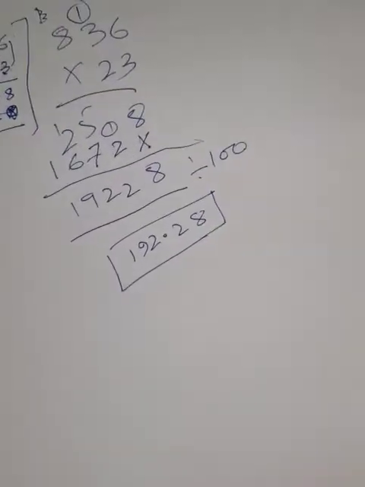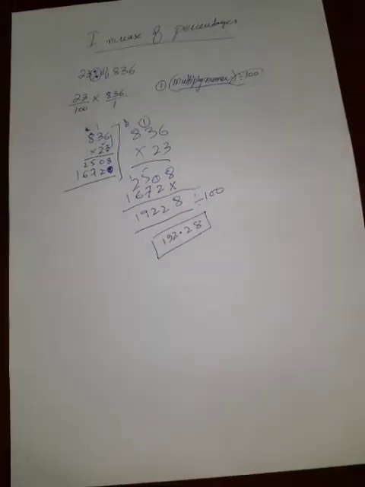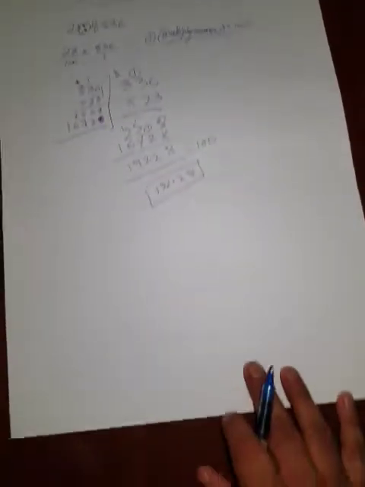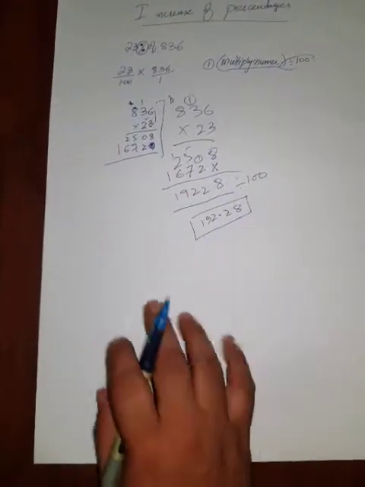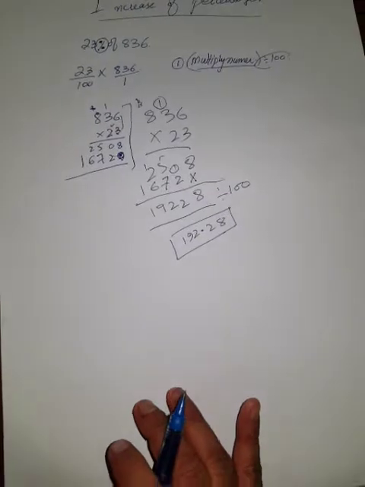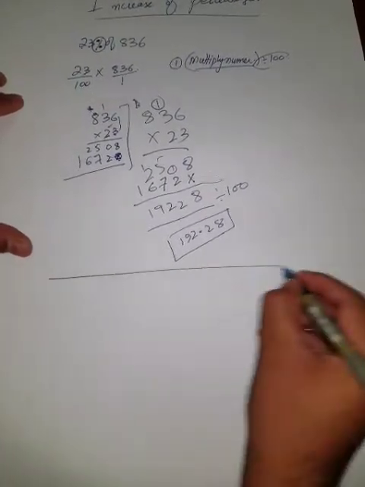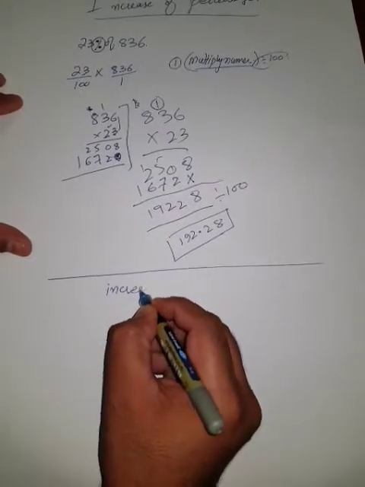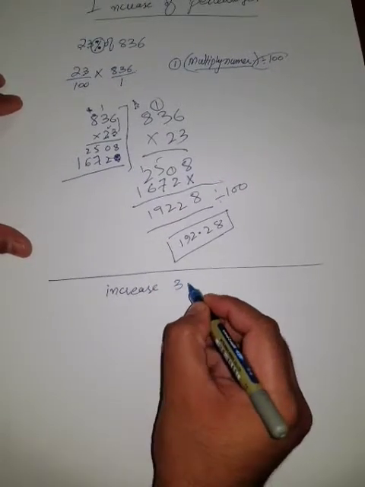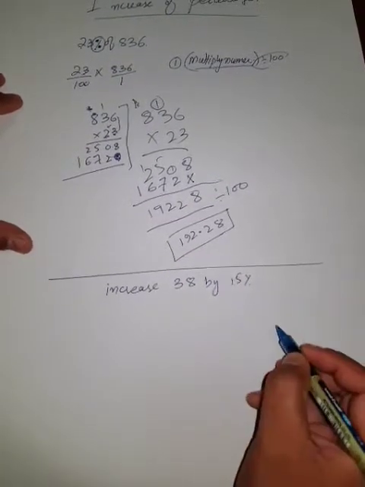Now I'm coming to the real topic, where you have to calculate the increase of percentage. Now, increase of percentage is again very simple. If you are good with this part, it's very easy to find the increase in percentage. Let me give you an example here. For example, increase 38 by 15%.